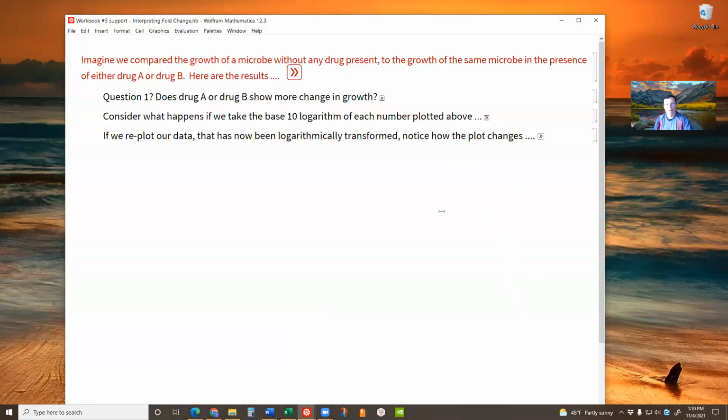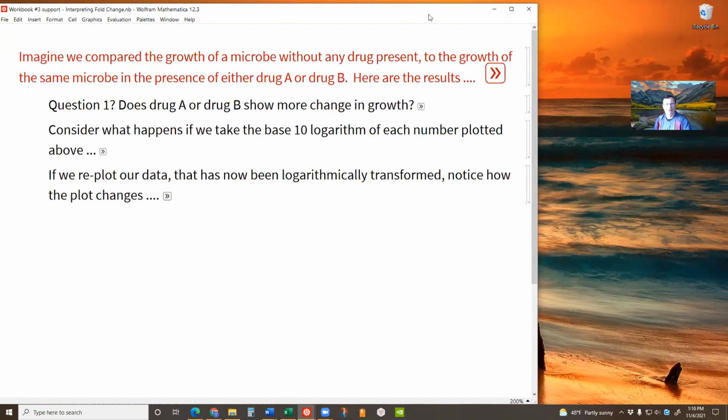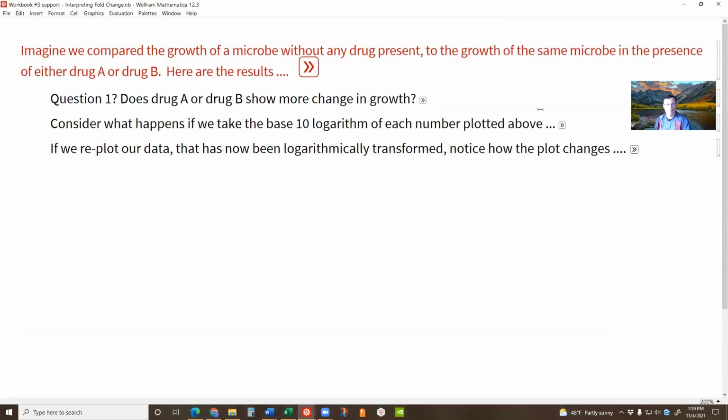I hope you can see this all right. This is in relation to my last question. Why would any reasonable person want to show a reduction in growth as a positive number? That seems very odd.